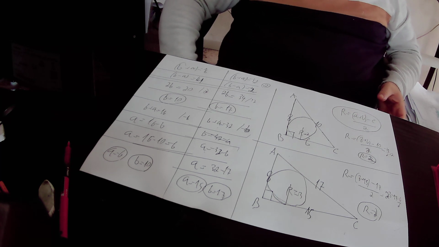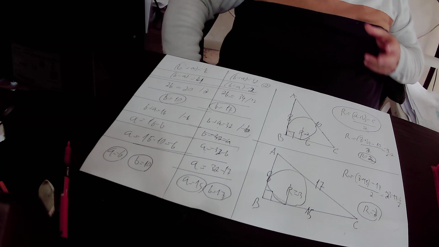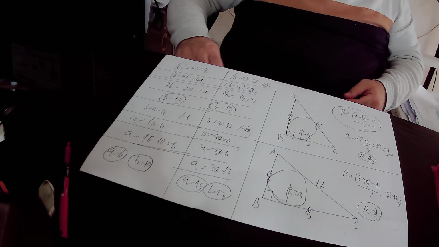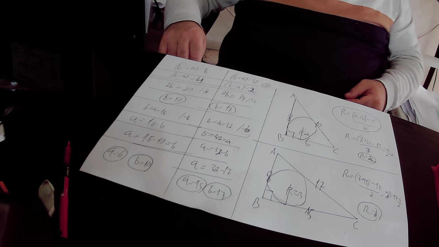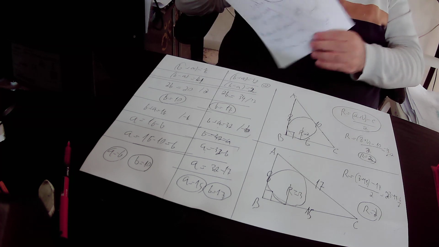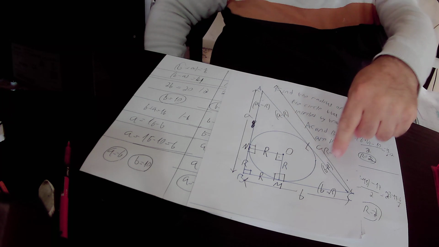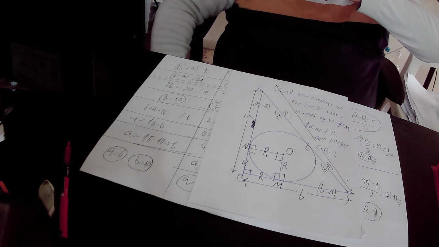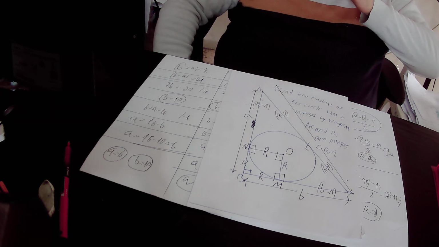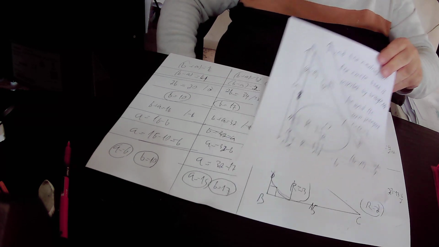So in order to find out the radii of those two circles that are inscribed by those two right triangles, we actually draw the right triangle ABC, that could be any right triangle. Inside this right triangle ABC, we have this circle that is inscribed by the right triangle, and we find the radius of this circle, and then we use the formula that we found in our specific two right triangles.